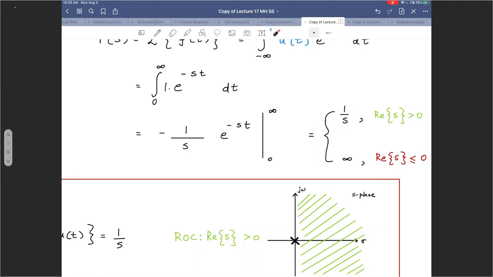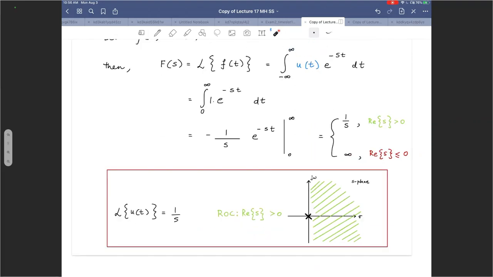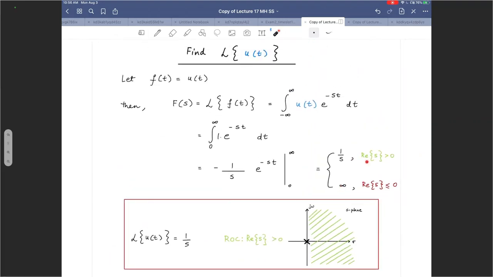So if you plug in 0 here, this will be plus 1 over s, but it will go to infinity if the real part of s is less than or equal to 0, right? So the real part of s is less than 0, and you have a negative sign there, which will make that exponential have a positive exponent, which will make that go to infinity. So what does that mean? That essentially means that if the real part of s is greater than 0, that integral is going to converge to 1 over s.